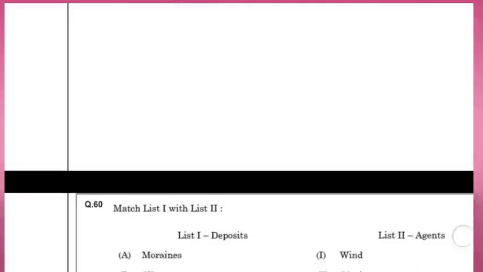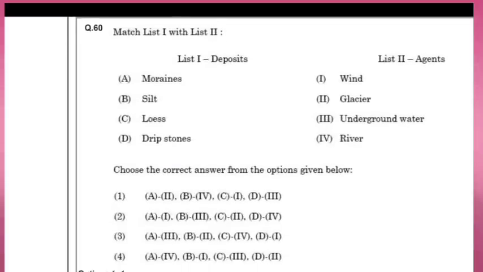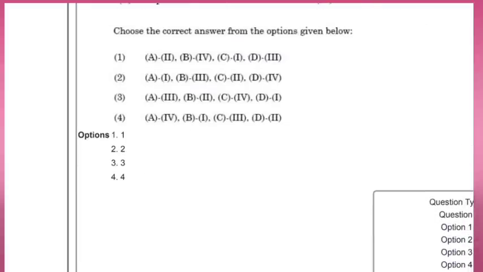And next question, match: the moraines basically glacier, and silt basically river, and loess basically wind, and dripstone basically underground water. So definitely option 1 is the correct answer.